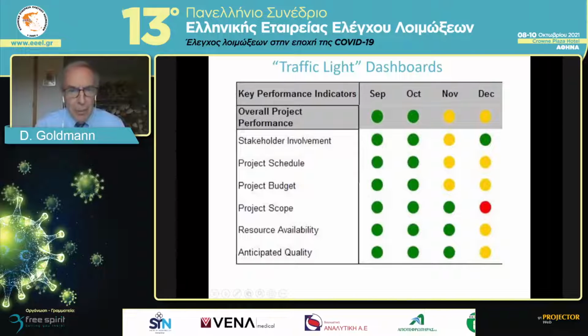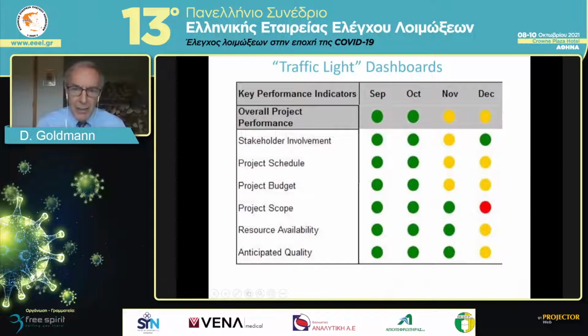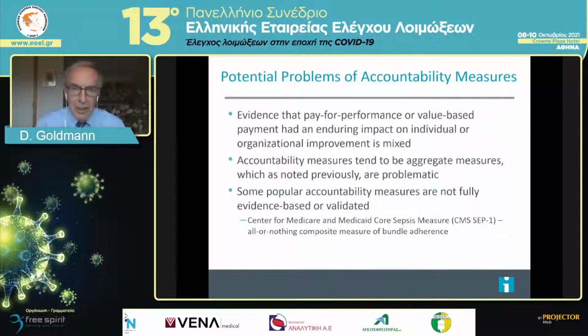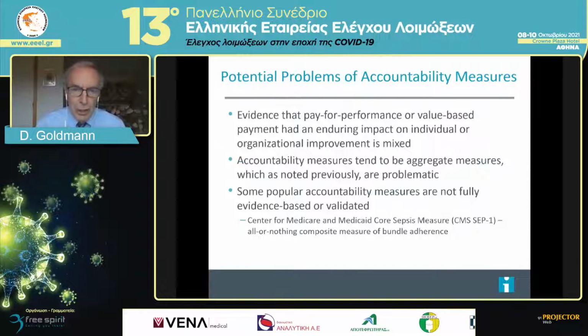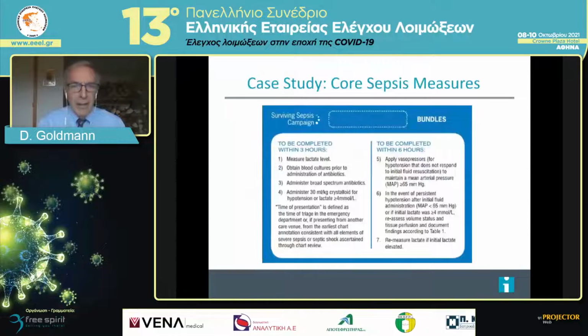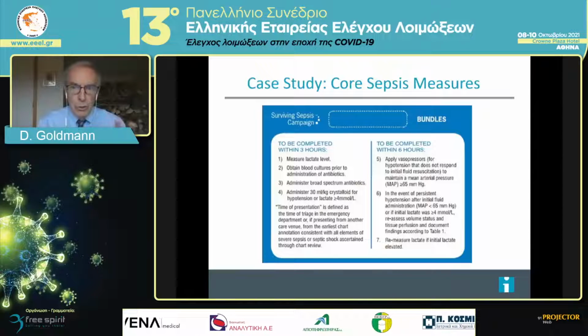There are a lot of problems with these. I'm going to not go into any great detail. You can look at these slides at your leisure, but I will say, look carefully. I have put here the sepsis measure in the United States. There are 2 components, and it's all or nothing.